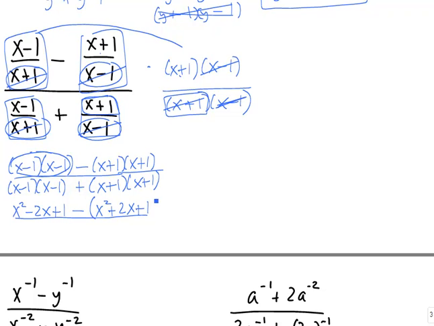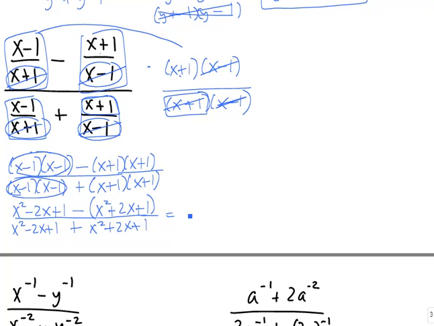So I'm going to keep all this in parentheses because I haven't yet distributed that negative across. We'll have to do that in the next step. In the denominator, we're going to get the same two expressions, but this time we're going to get a plus in between. So when I FOIL out this denominator, I'm going to get x squared minus 2x plus 1 plus x squared plus 2x plus 1.